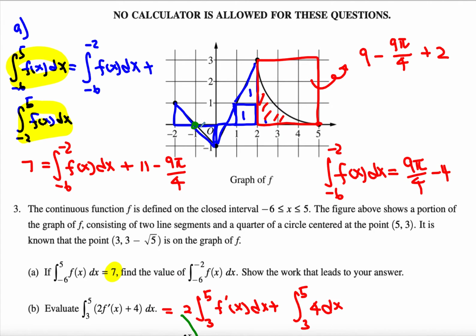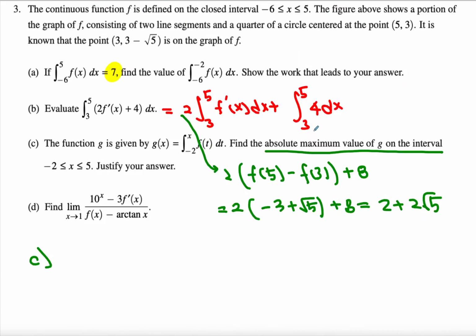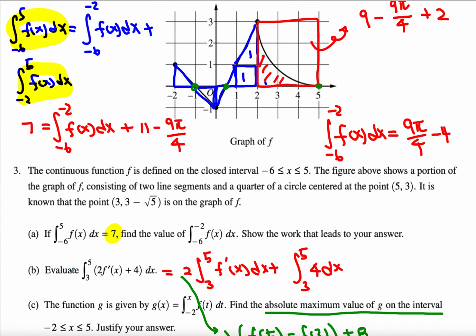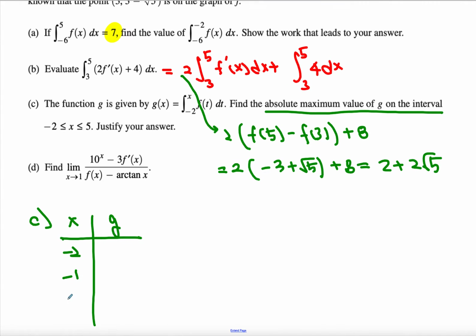So right over here, when x equals negative 1, and then here, which is 1/2, and then we have to consider this one. So that's a g value, and then this is x, starting from negative 2, and then negative 1, 1/2, and then 5.